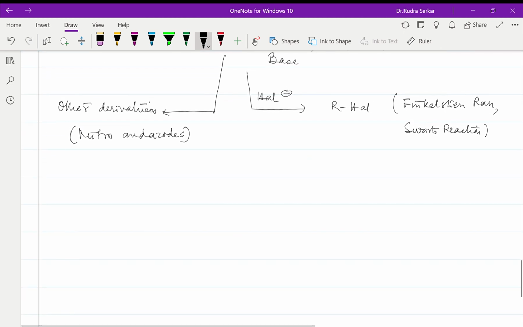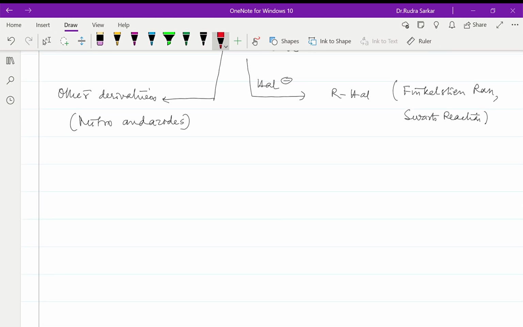Now, one primary point to note over here, which is very fundamental: the methyl and primary alkyl derivatives, where R is methyl or primary alkyl, react via an SN2 mechanism.